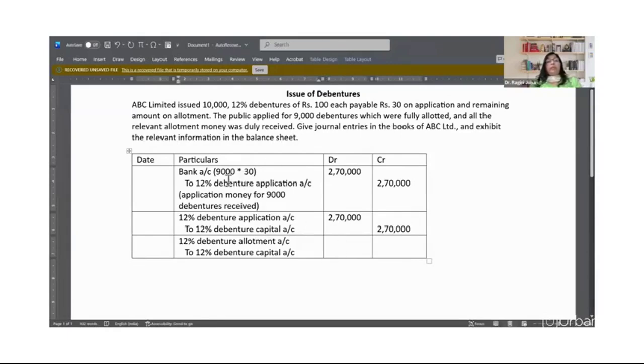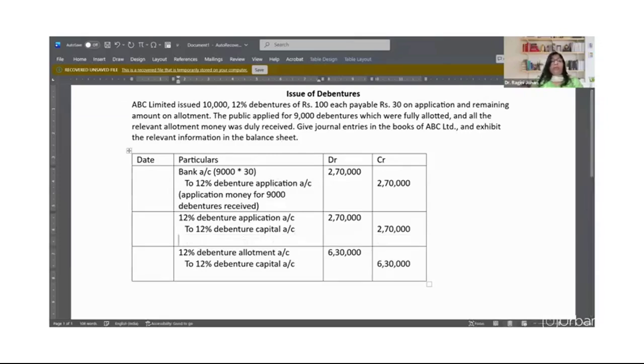Again, this is 9,000 multiplied by 70, and when we do this we get 6 lakh 30,000. So the next set of entry is 6 lakh 30,000 and 6 lakh 30,000.